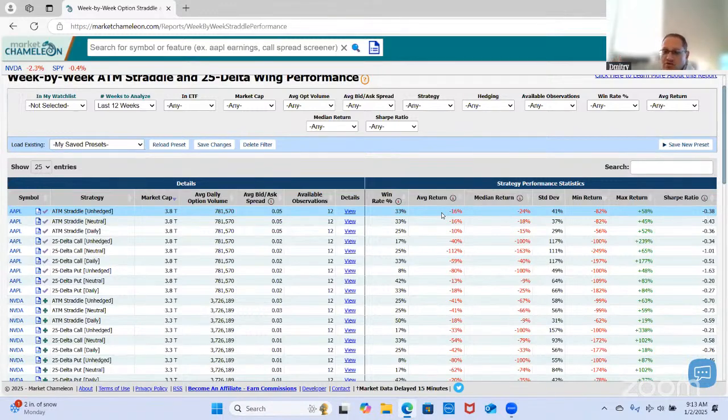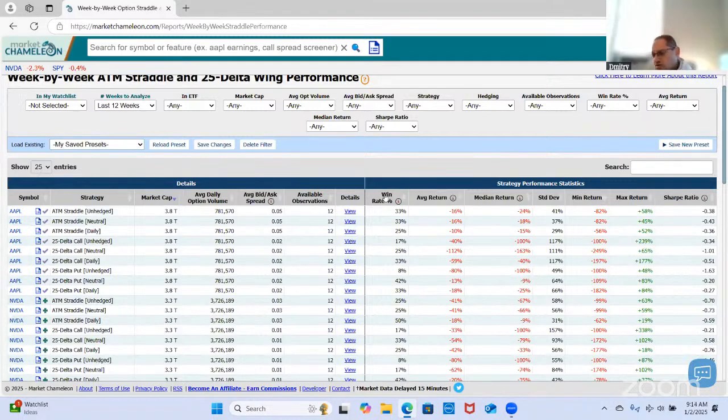If at the end of the week it was worth $5, well, that's a 50% loss. If it's worth 10.01, well, it went up a penny, but that would be a win because it would be worth more at the end than it was at the beginning, right? So that would be what we would put in this column.